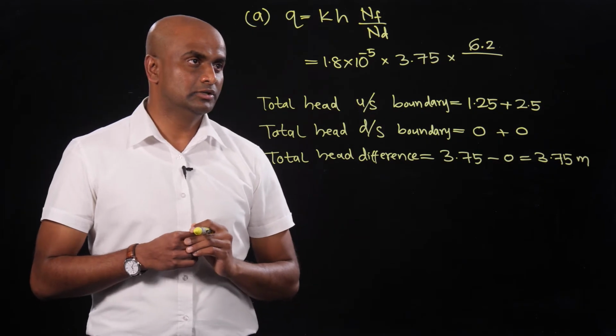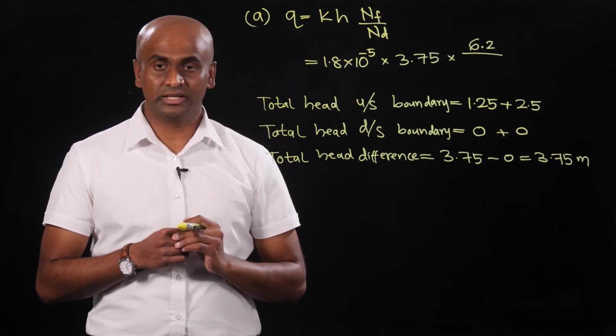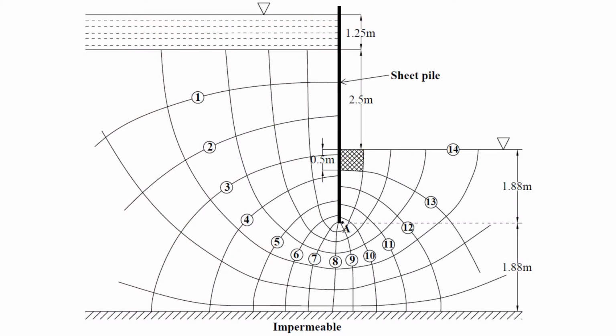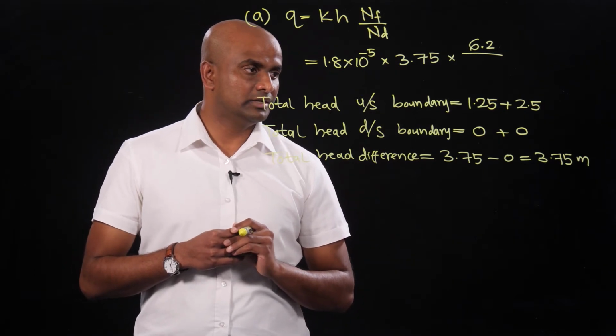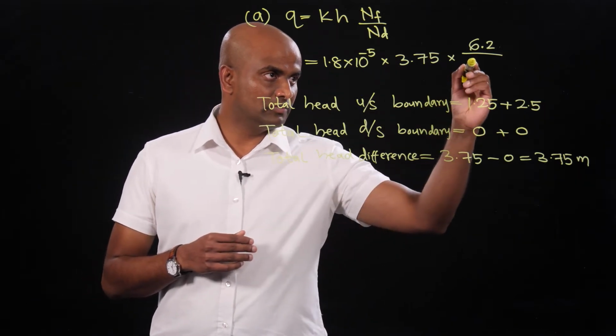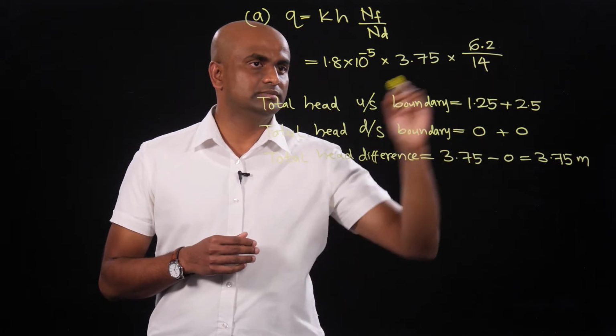And then you have to calculate the number of equipotential head drops. You can see that your first equipotential line at the upstream boundary is the upstream boundary itself, and from there to the next equipotential line, that will be 1 head drop. Likewise, you can count the total number of head drops until the downstream boundary. If you calculate the total number of head drops like that, you will end up with a value of 14.